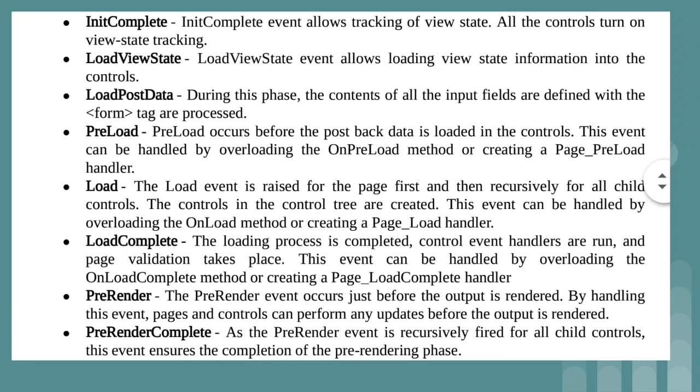Now the next event is pre-render. The pre-render event occurs just before the output is rendered. By handling this event, pages and controls can perform any updates before the output is rendered.